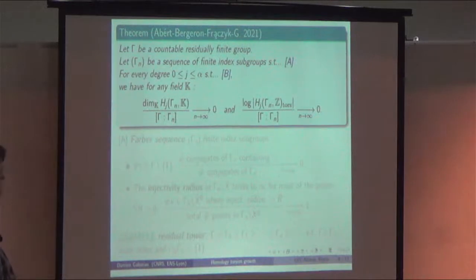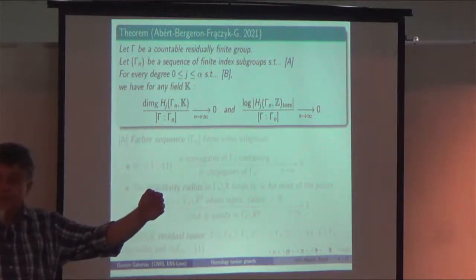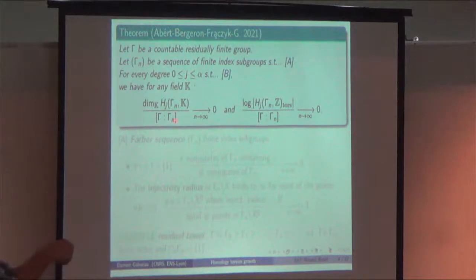Condition A. Then, for every degree in the range 0, 1, up to alpha, alpha depending on the group, we claim that the growth of the homology with coefficients in a field K, in any field K, tends to 0. Okay? And concerning the torsion, the same result, it tends to 0.